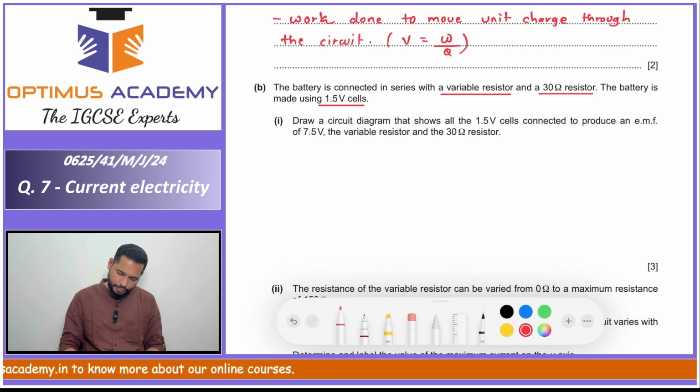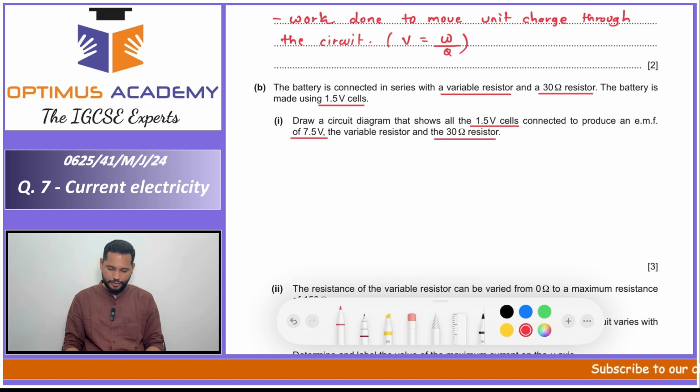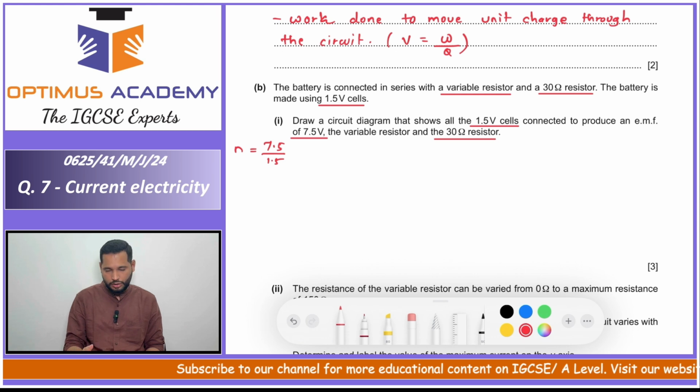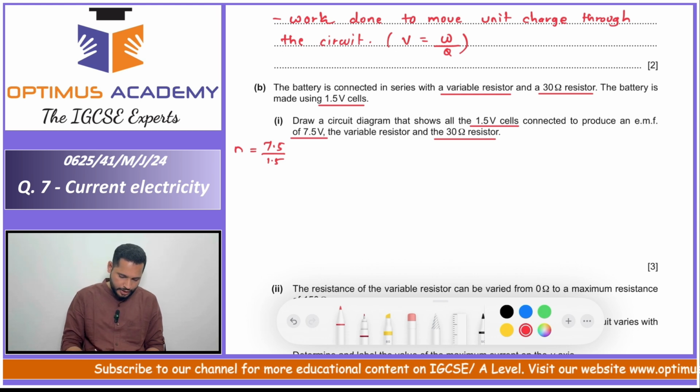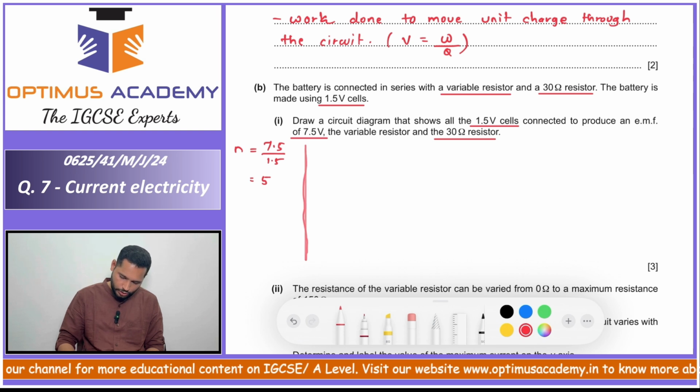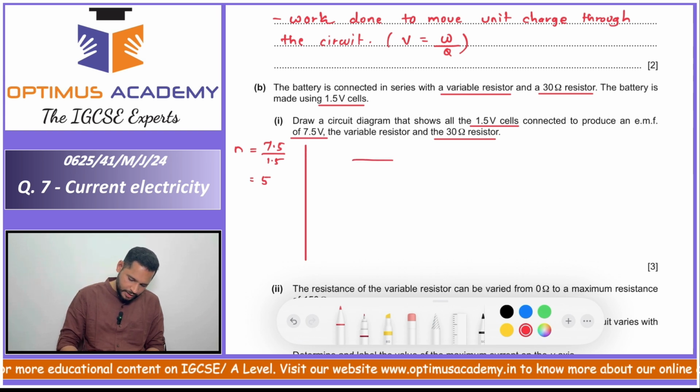Draw a circuit diagram that shows all 1.5 volt cells connected to produce an EMF of 7.5 volt, the variable resistors and 30 ohm resistor in the circuit. Now, to find out the number of cells required to have total 7.5 volt of EMF, we have to simply divide it by 1.5, that is the value of EMF or potential difference in one cell. The total number of cells we will need is 5. So we will show these 5 cells like this.